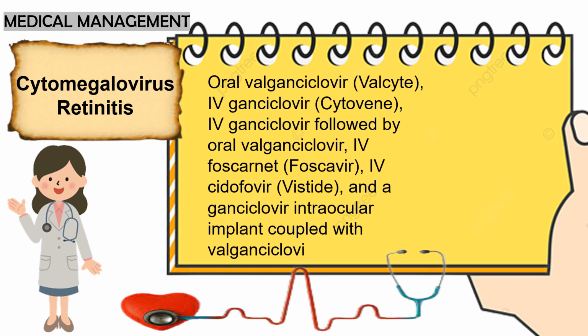So, for patients with cytomegalovirus retinitis, which is the leading cause of blindness in patients with HIV, they must be given oral valganciclovir or Valcyte, IV ganciclovir or Cytovene, IV ganciclovir followed by oral valganciclovir, or IV foscarnet or Foscavir, IV cidofovir or Vistide, and a ganciclovir intraocular implant coupled with valganciclovir.